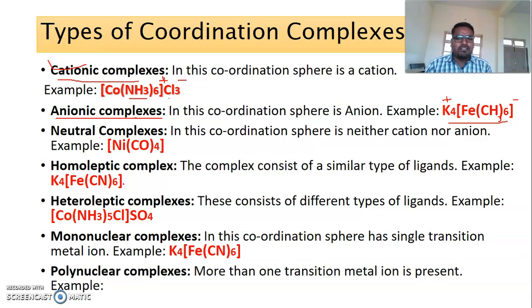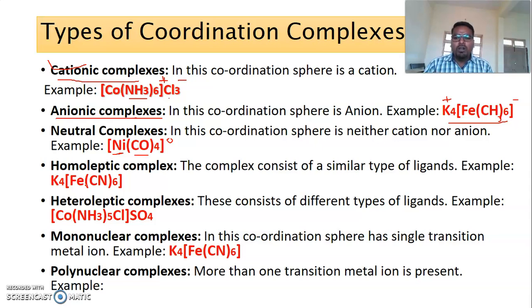And neutral complex, look at this compound. Here there is no charge on the square bracket, so this is a neutral complex. Here both the central metal nickel and the ligand carbonyl CO are neutral. That's why it is a neutral complex.